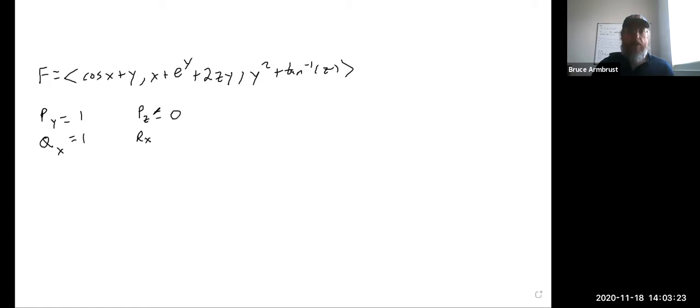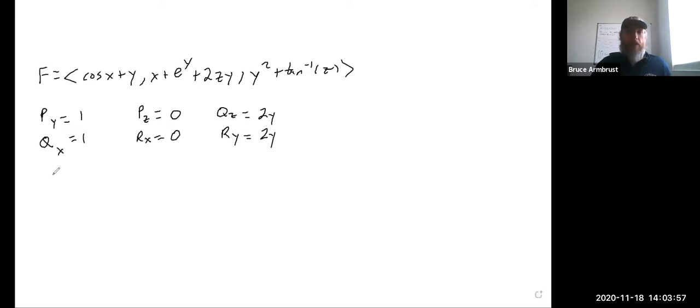There are no z's in there. R sub x is also 0. There are none in there. And then the last one, we're going to need Q sub z and R sub y. Q sub z is just 2y, and R sub y is also 2y. So all sets of those are equal. So I know that the curl of F is 0. I know that this thing is conservative.